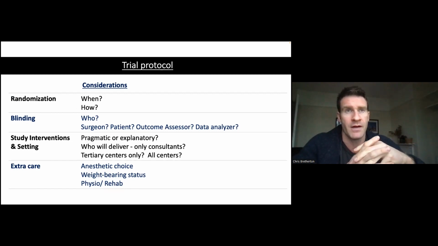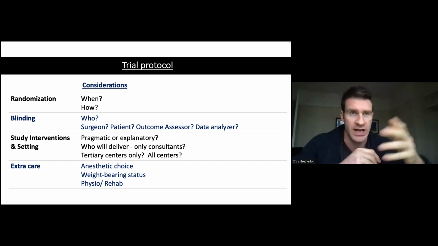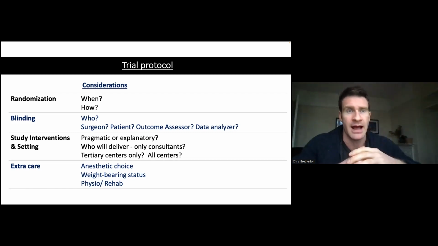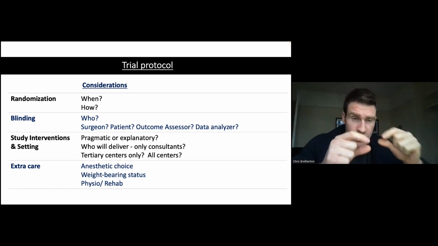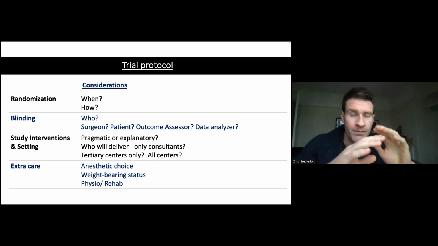So if they were randomized before they had the surgery, the surgeon that might, for instance, prefer the vac dressings might be, again, extra meticulous if they knew they were randomized to that. They might wash out more, they might give antibiotics. Conversely, the patient that, if they were in the other group without the vac dressing, the surgeon might work really hard to sort of close the wound edges and make sure that there wasn't a big gap.